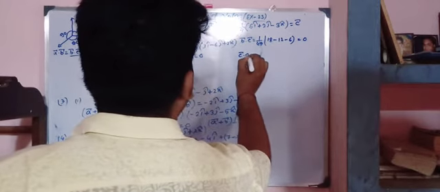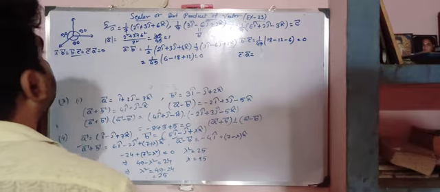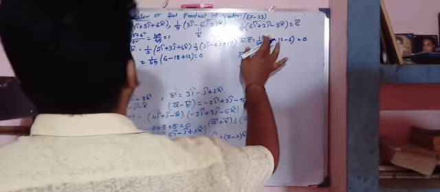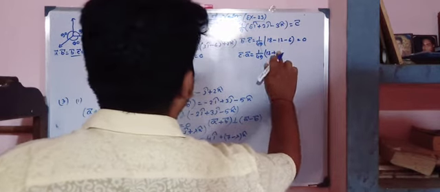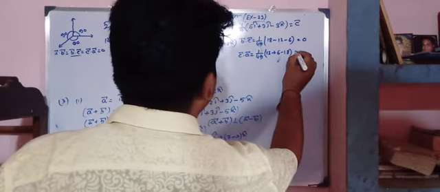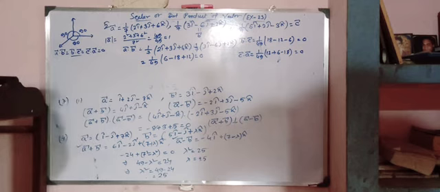Next C dot A is equal to 1/49 (12 plus 12 plus 6 minus 18), that's equal to 0. So my A dot B is equal to B dot C is equal to C dot A is equal to 0. So we can say that the vectors are mutually perpendicular to each other.